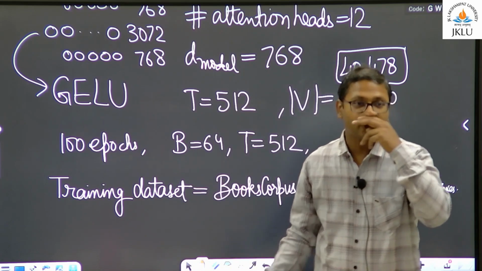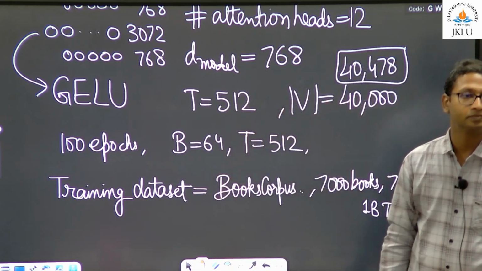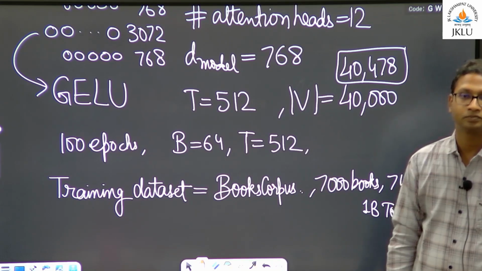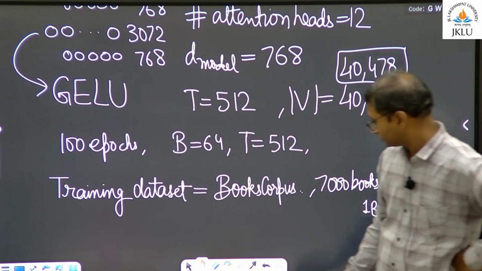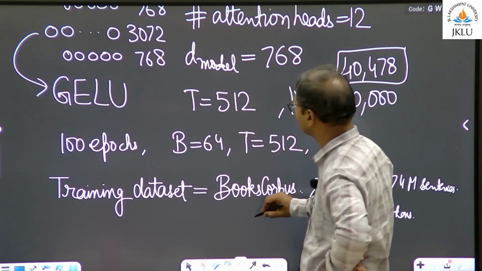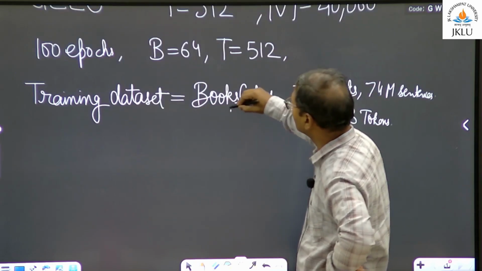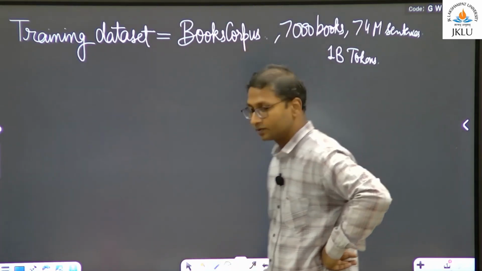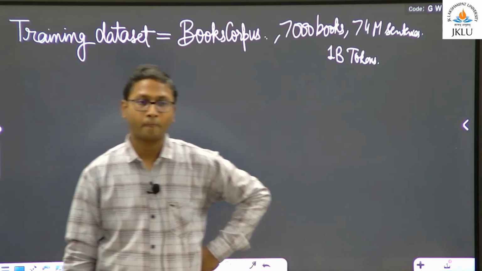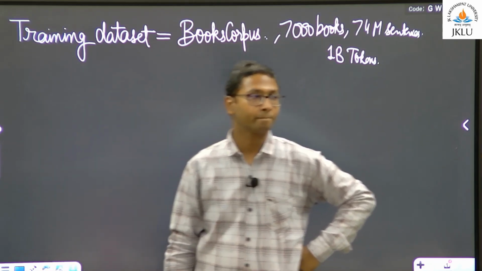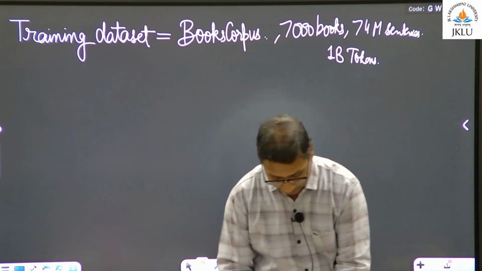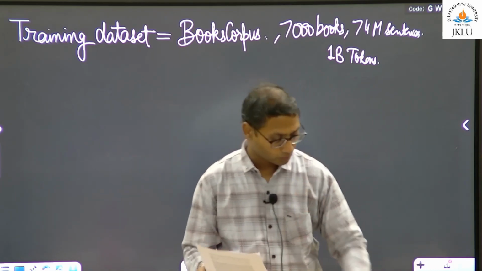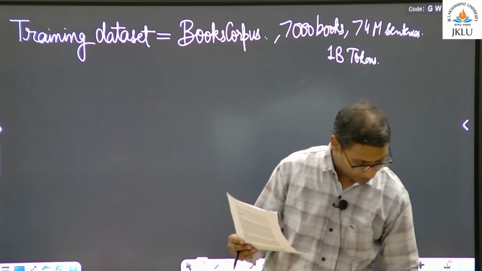So what do they do with this architecture? What do you want to do with this? I mean, you are training so much. What do you want to achieve? So right now see, they state a few things that I am going to read here.